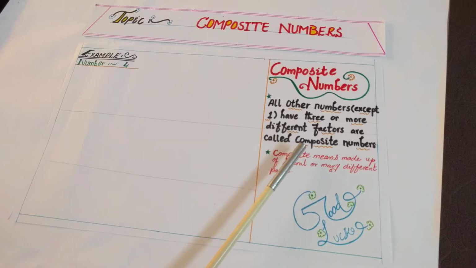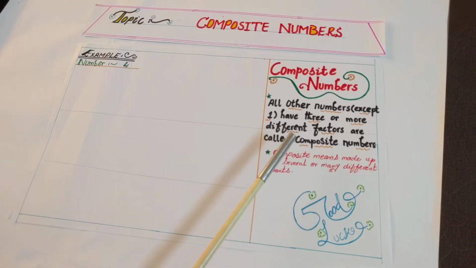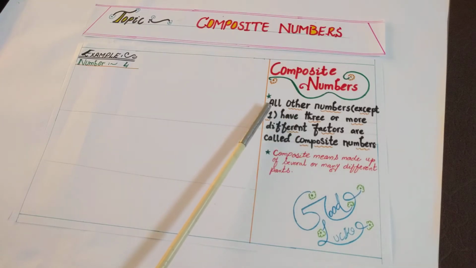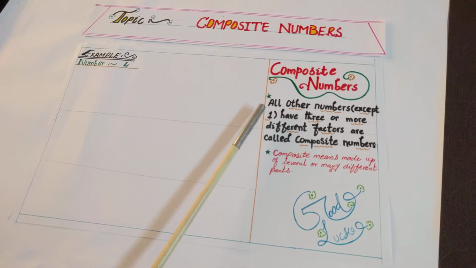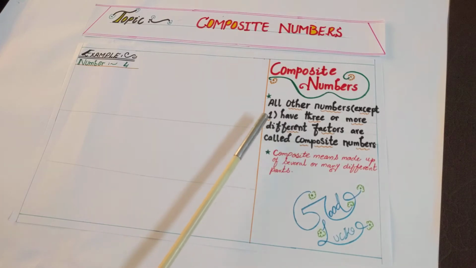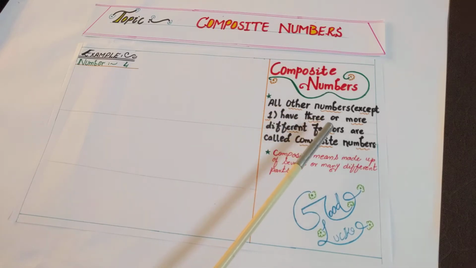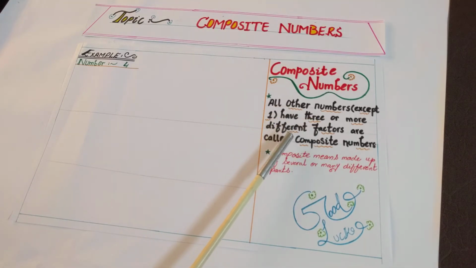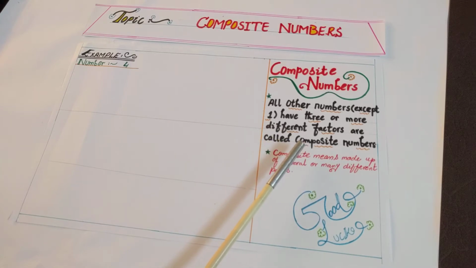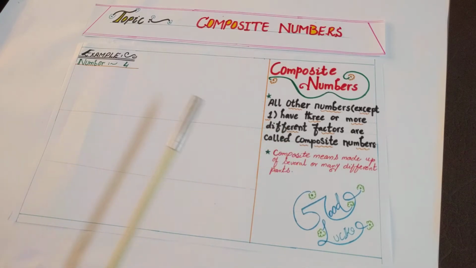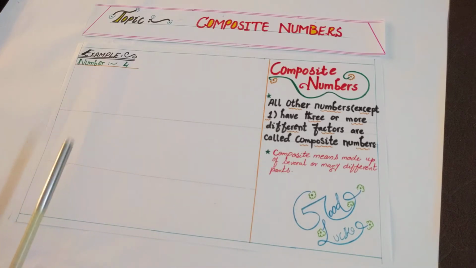So prime numbers have only two different factors, 1 and itself, and composite numbers have 3 or more than 3 different factors. Composite means made up of several or many different parts. Got it? Let's start the example.